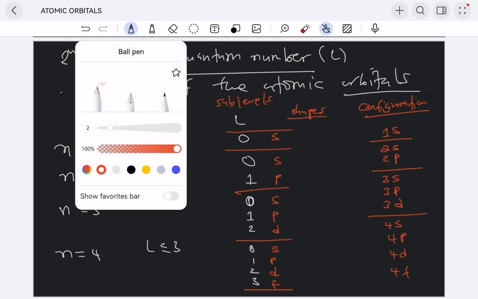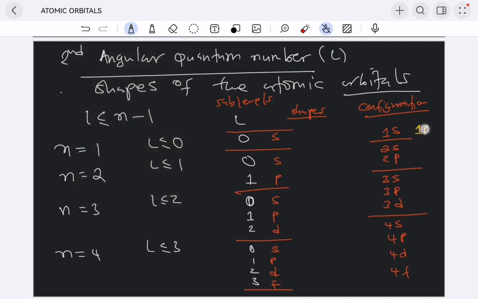It's impossible to have a 1p. Why? Because in the sub-levels we only have 0. It's impossible to have a 2d, because when l is less than or equal to 1, we can only have those 2 sub levels.